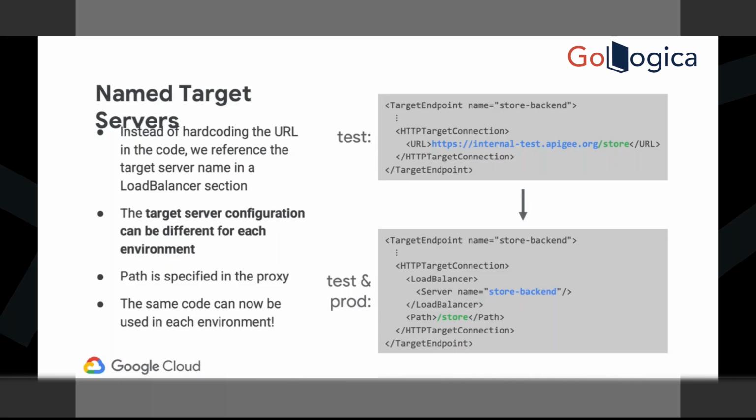It doesn't contain the path, so the base path will be in the path section. In the load balancer, you have the backend server host name, and after that you have the path. Whatever was the base path here becomes the path. That way you replace the hard coded URL with the configured one, and that configuration changes from environment to environment.